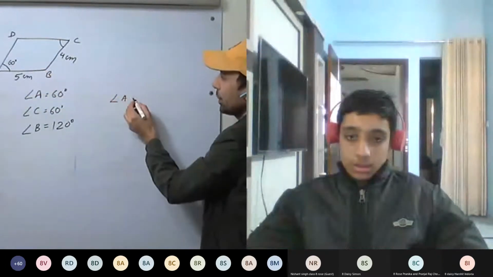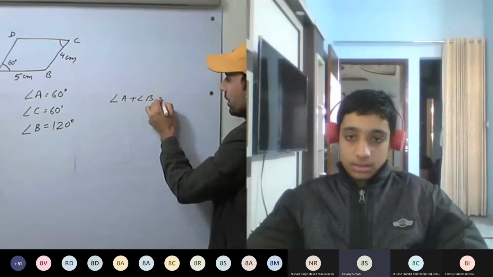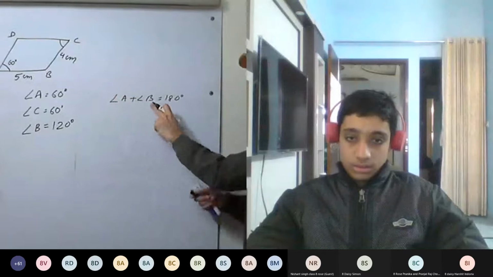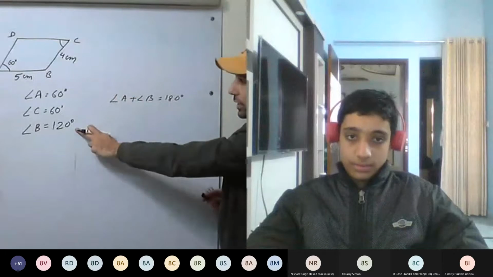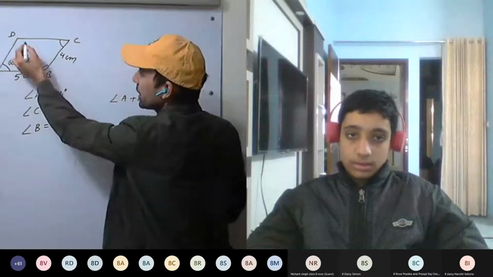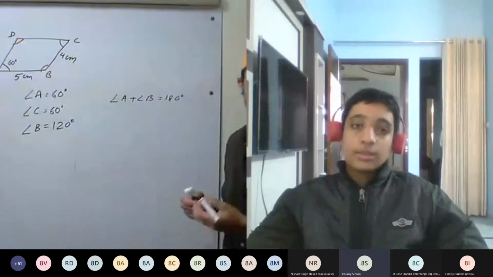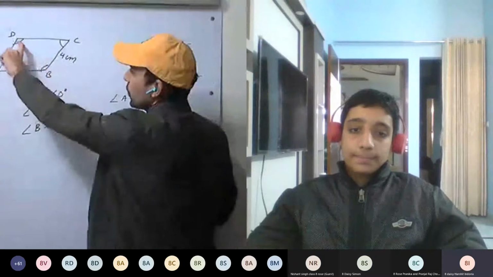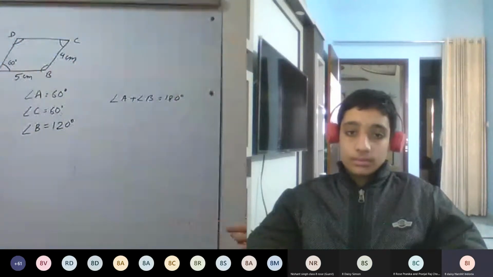Angle A and angle B are supplementary. So angle B will be 180 minus 60, 120 degrees. Angle D will also be 120 degrees. Either opposite angles or supplementary angles you can calculate.